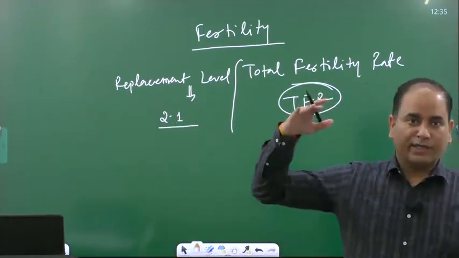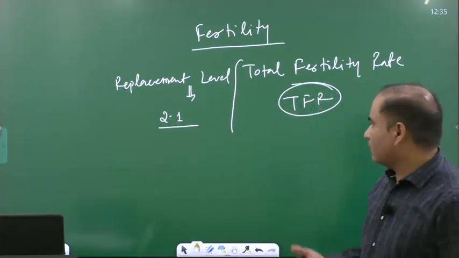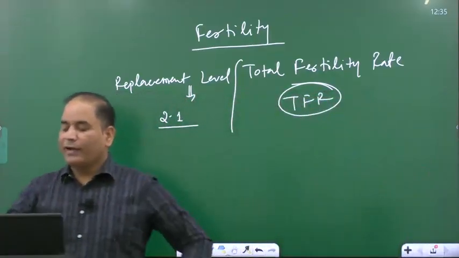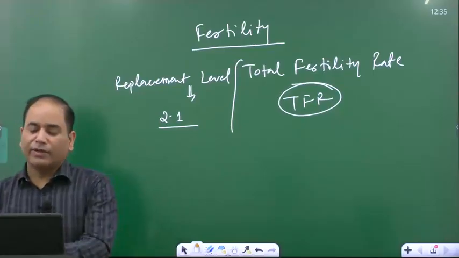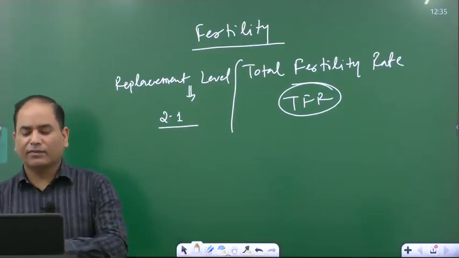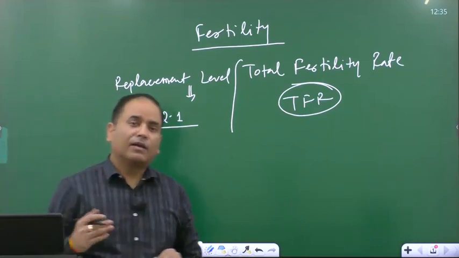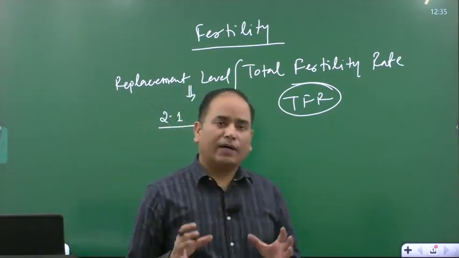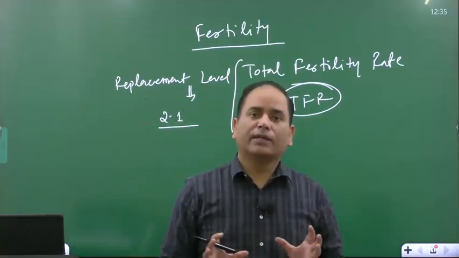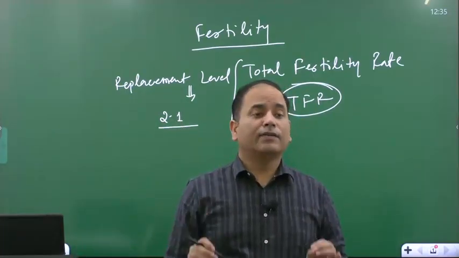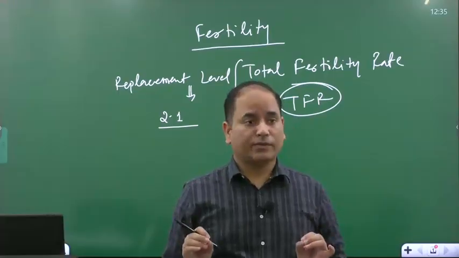When we analyze our country, you will find in India, barring only a few states like Uttar Pradesh, West Bengal, Bihar, Maharashtra, majority of states have a TFR below 2.1.